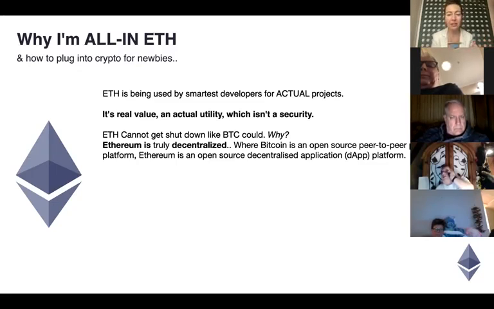They call that a DApp. So if that goes over your head a little bit, don't worry about it. Just understand that Bitcoin's considered open source peer-to-peer, but Ethereum's open source decentralized application. So it is considered a different category, so to speak, okay?